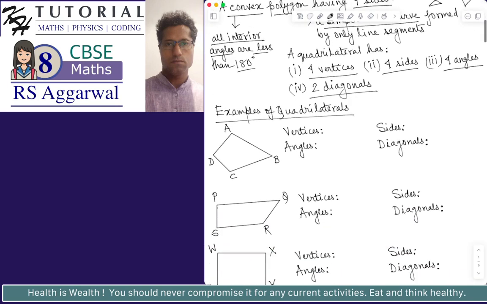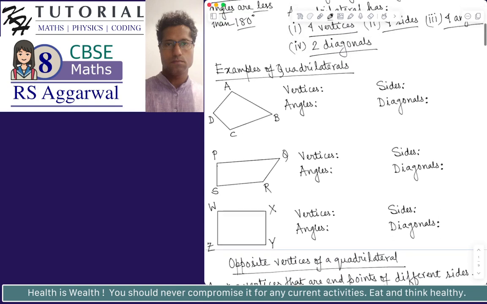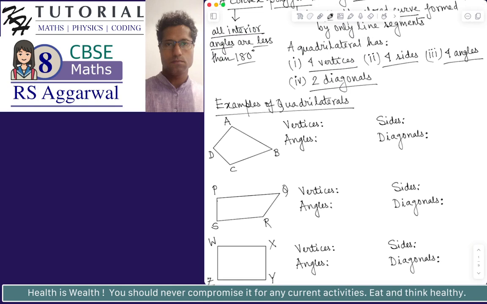Now some examples of quadrilaterals. I have drawn 3 examples. As you can see, let's try to see what are the vertices, angles, sides and diagonals of these quadrilaterals. So the first quadrilateral, ABCD.